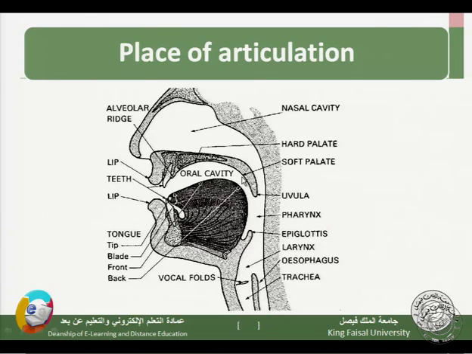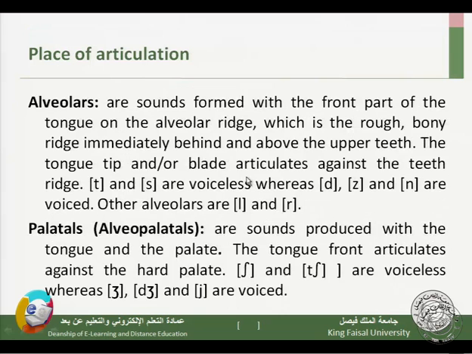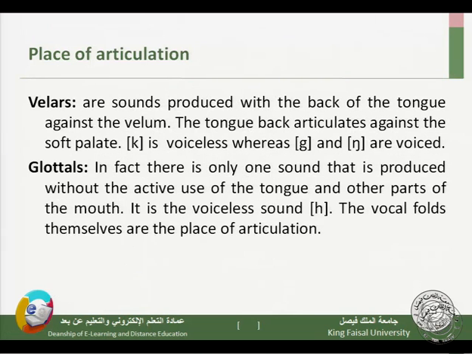If you try to move the tip of your tongue back to the back of your mouth, you will find something soft at the back of your mouth. That's what we call the soft palate. If the back part of the tongue articulates against the soft palate, we are speaking about velars.